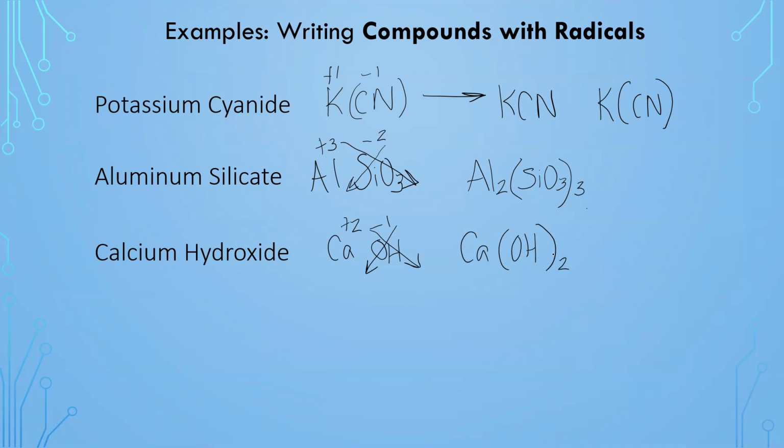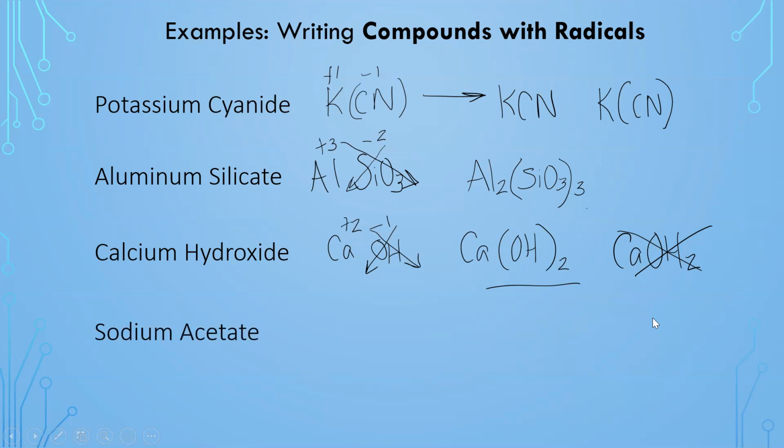Ca(OH)2, not CaOH2 like that. In this case, we're saying 2 H's and 2 O's, this is correct. In this situation, we're saying 1 oxygen, 2 H's. Incorrect. So once again, biggest mistake I see, if you're adding a subscript to a radical to cancel charges, you have to put parentheses and then put the subscript on the outside.